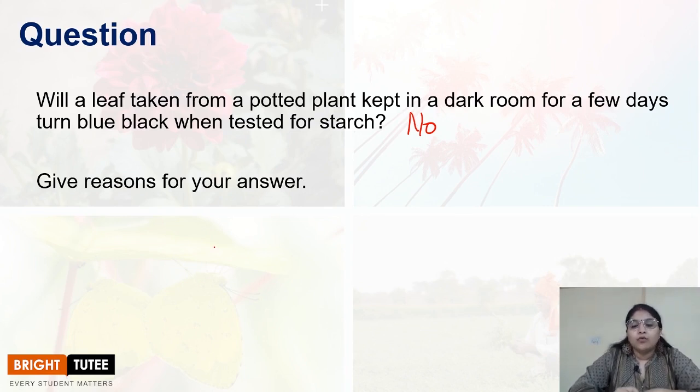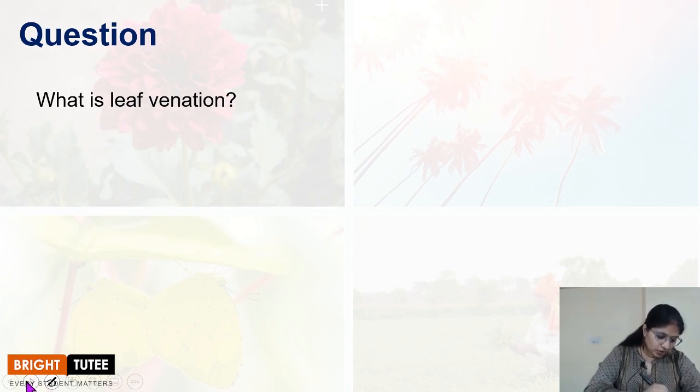Leaf needs sunlight for the process of photosynthesis, and because you've kept the plant in a dark room for a few days, that means no photosynthesis had occurred during those days, and that's the reason why the leaf has not produced any food, and that's why it will not turn blue-black, right? Now moving on to the next question.